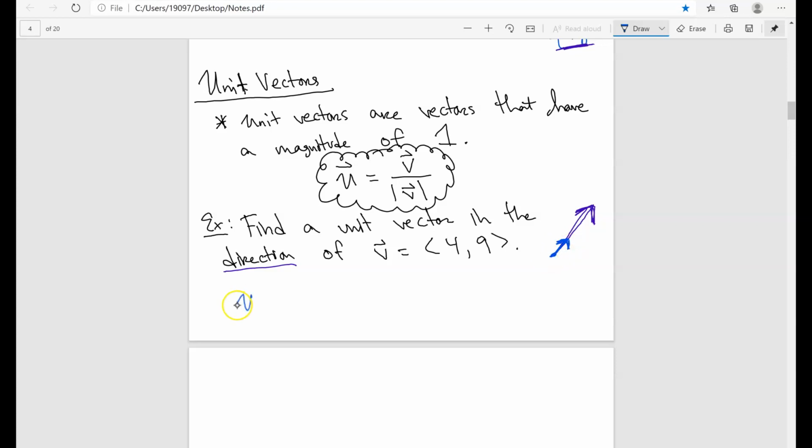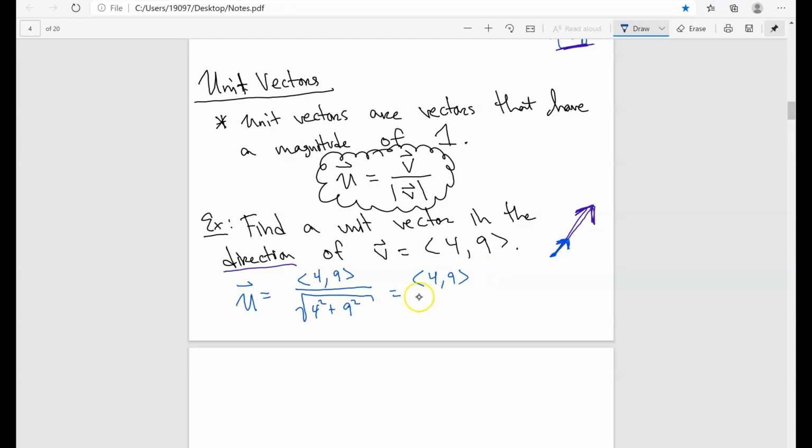So in order to find this unit vector, all we have to do is take the vector that we have, which is 4, 9, and divide it by the magnitude. The magnitude we already know how to do. We take 4 squared plus 9 squared. 4 squared gives me 16. I add it to 81.